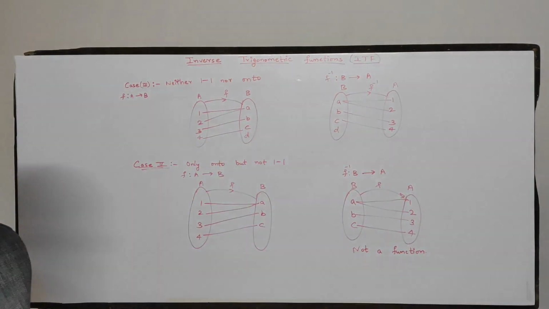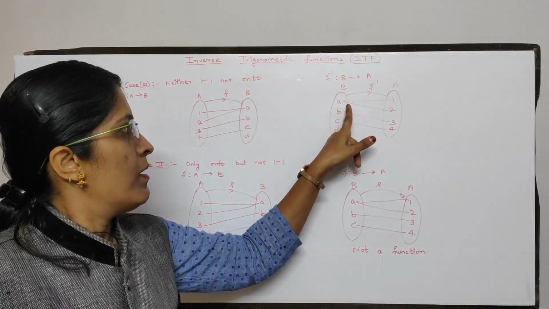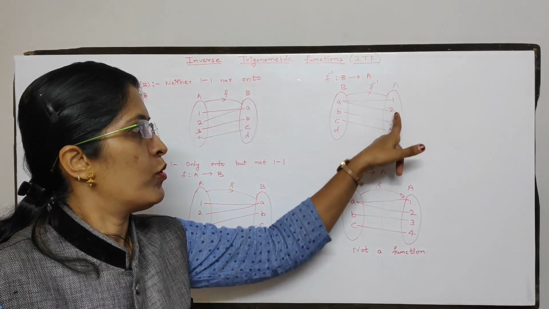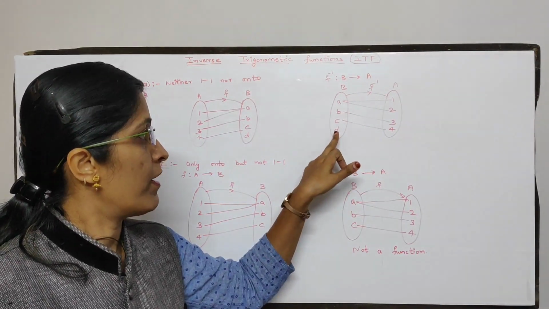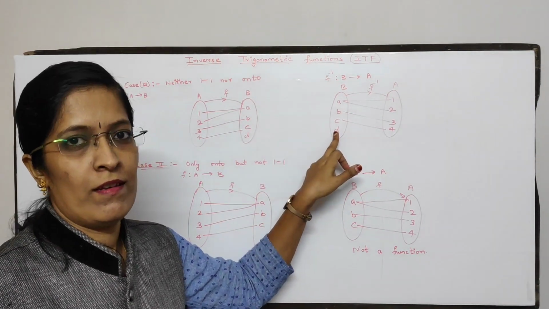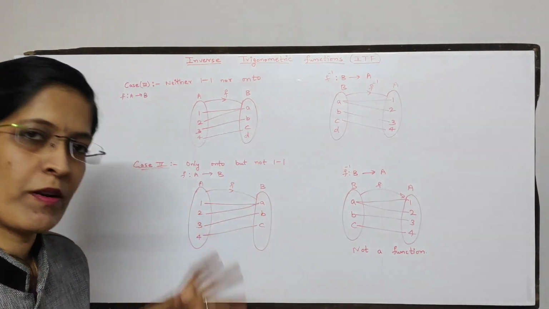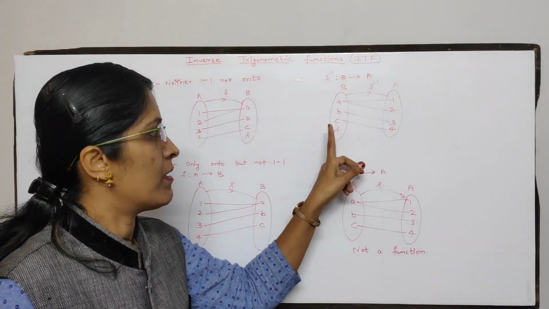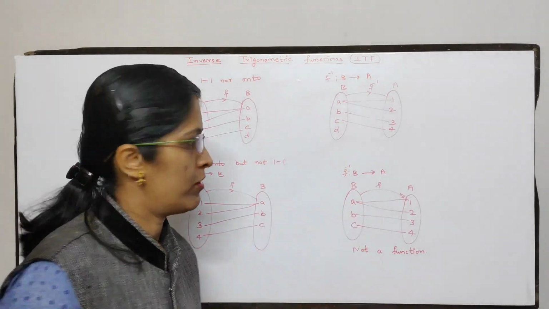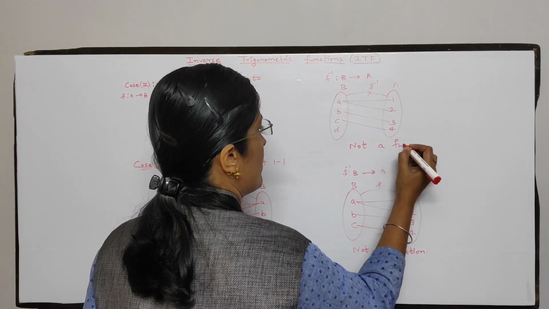Check whether this is function or not. No, because single boy has got two rooms in hostel and this boy has not got a room. Right? All the boys should get a room. Basic property of a function is all the boys should get a room. But here D has not got a room in the hostel. So we can write this as it is not a function.